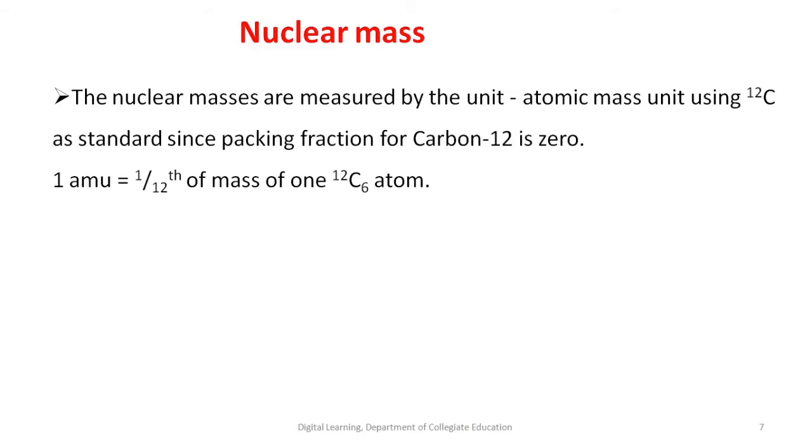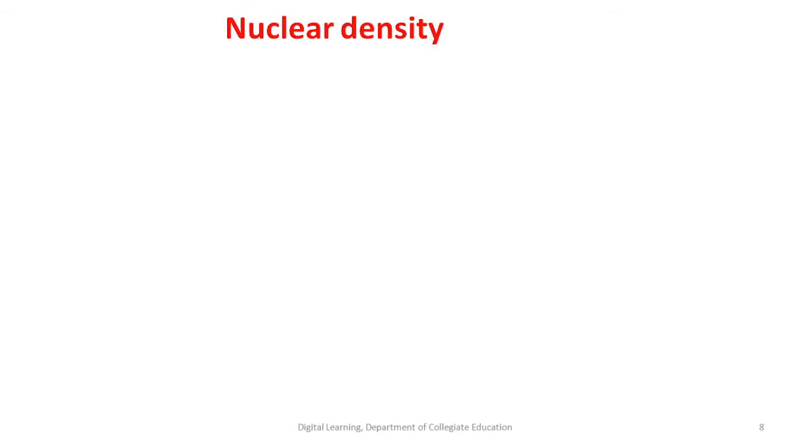Therefore, one atomic mass unit is equal to 1 by 12th of the mass of one carbon 12 atom. That means 1 AMU is equal to 1.66 into 10 power minus 27 kg. That is the value of one atomic mass unit.